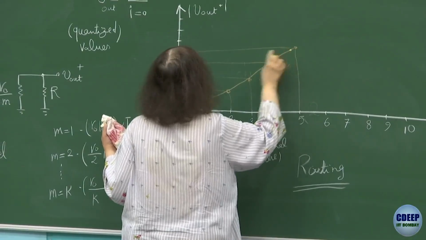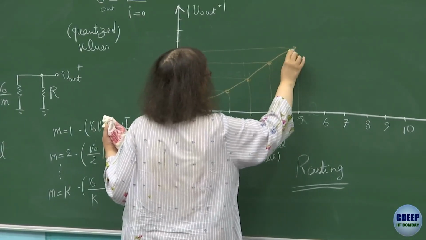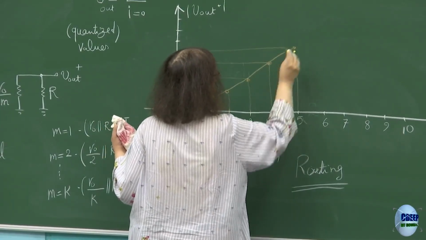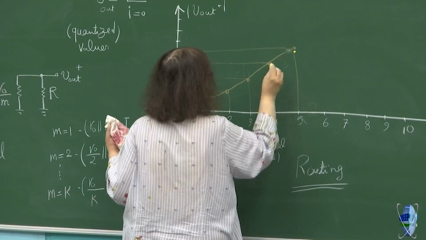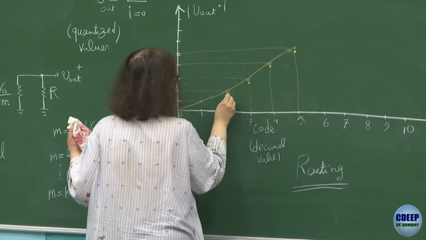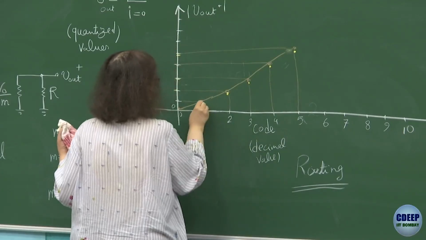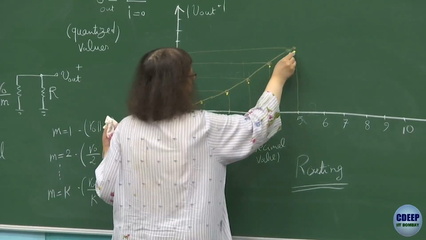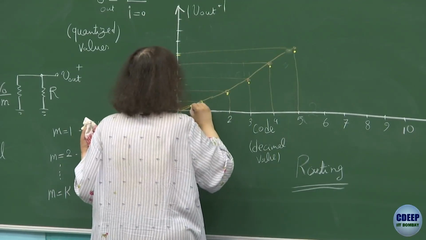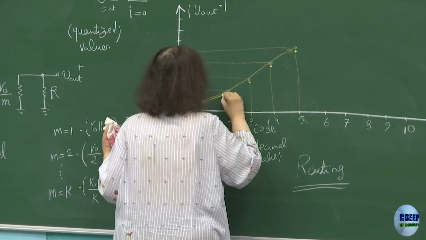Suppose this has moved down, so we are somewhere here. This also has moved one less, then here, and here. So effectively you will see this kind of effect.